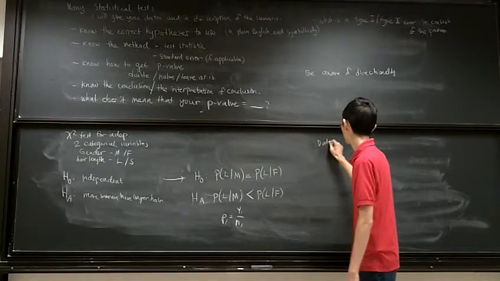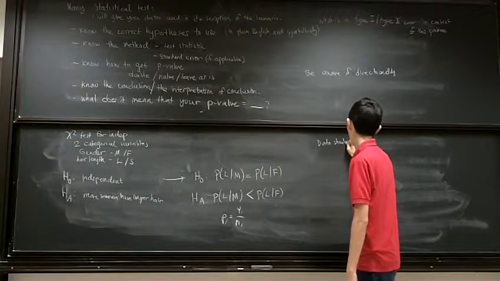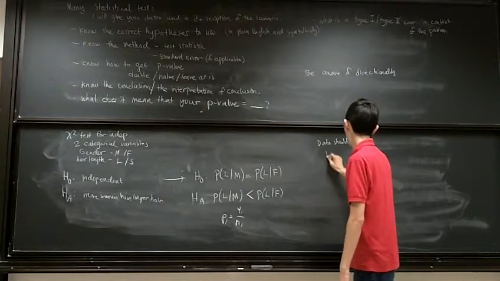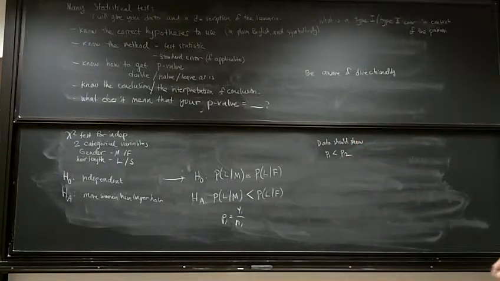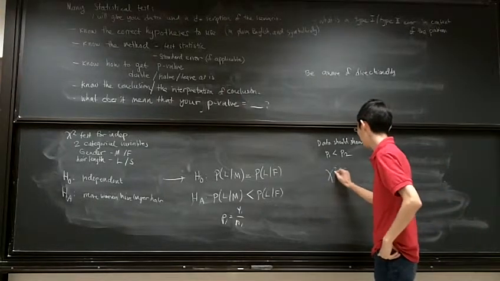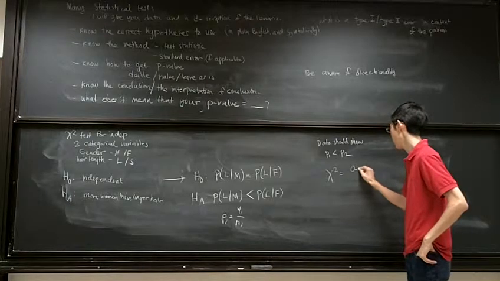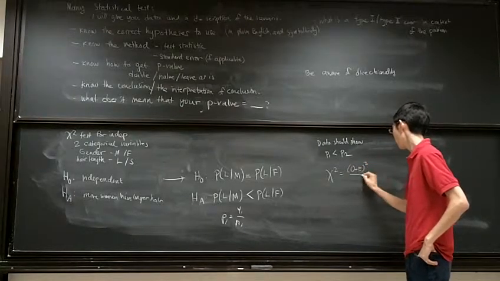The data should show P1 less than P2, okay? And then we go through the problem. We get your chi-squared statistic. So you do observed minus expected, squared over expected.